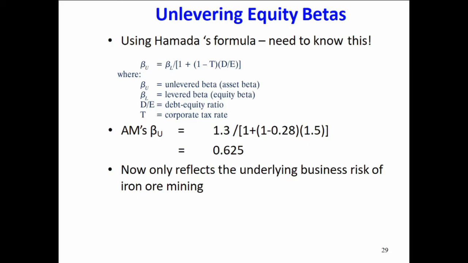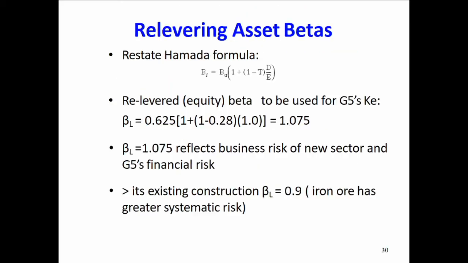This asset beta now only reflects the underlying business risk of the iron ore mining company, which is what we want. Once we have ArcelorMittal's asset beta, we now need to relever this asset beta to reflect the financial risk of G5. So now we are going to relever the asset beta to determine the equity beta that G5 can use for their cost of equity calculation.